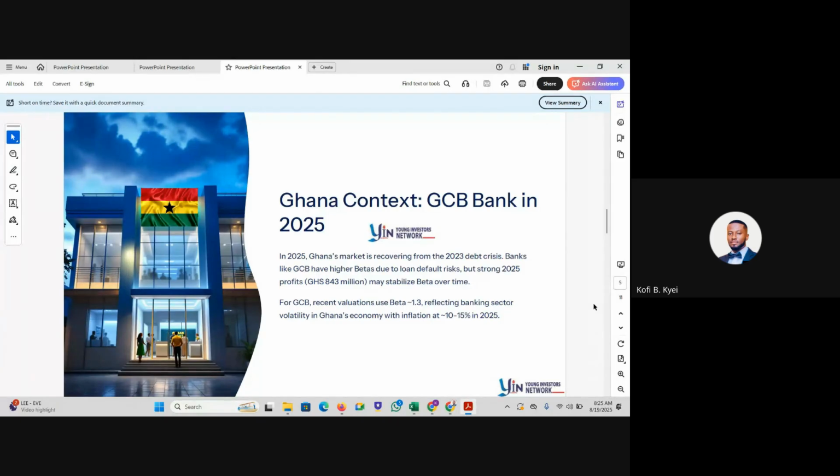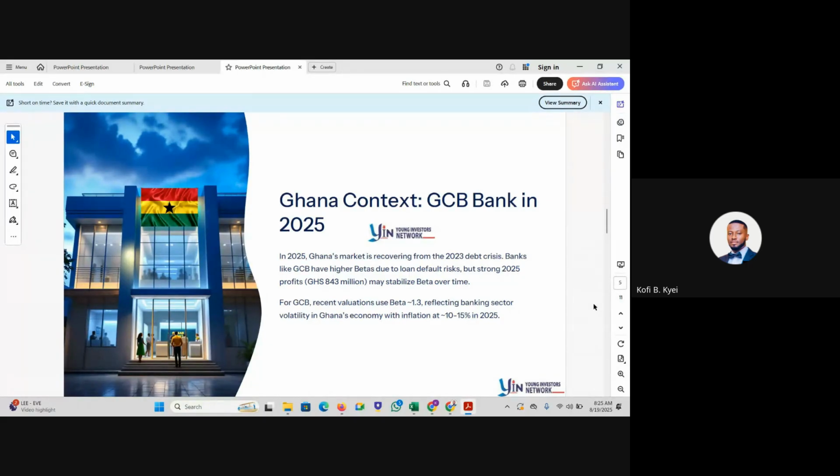90% growth. I don't know which company can keep growing 90% like that, right? So we know it's going to stabilize, going to normalize over a period of time. So while the high profit growth normalizes, beta also is affected going forward.